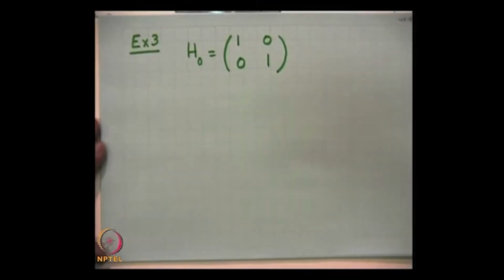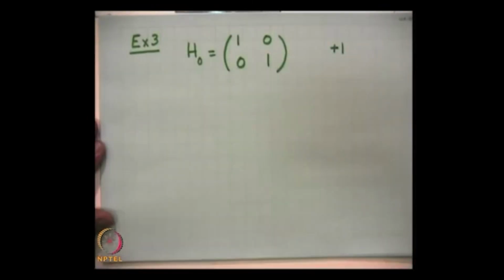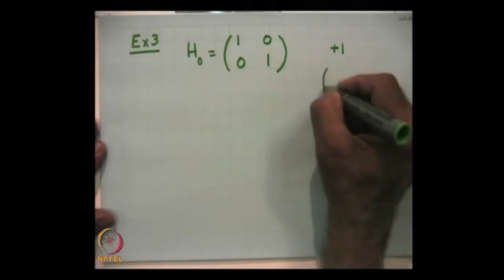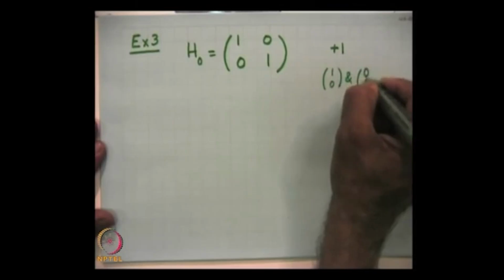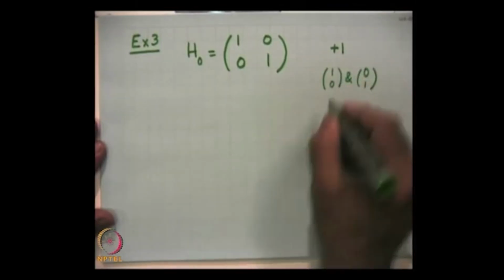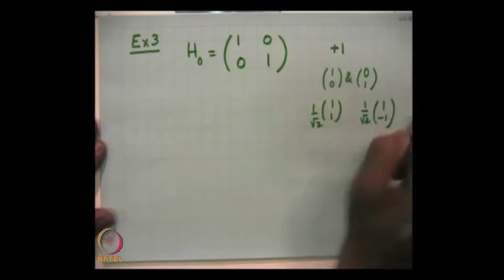As you know, this has only one eigenvalue, plus 1. What are the eigenfunctions? You can choose (1 0) or (0 1), since this is a unit matrix, or I can choose (1 1) over root 2 and (1 minus 1) over root 2. It does not really matter.